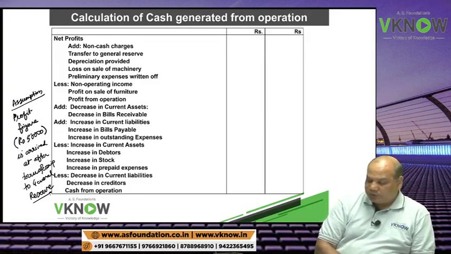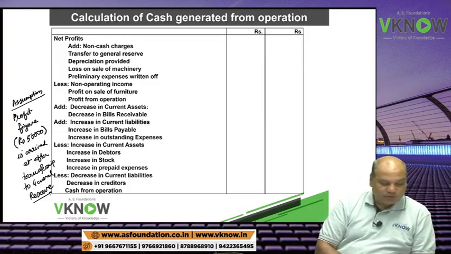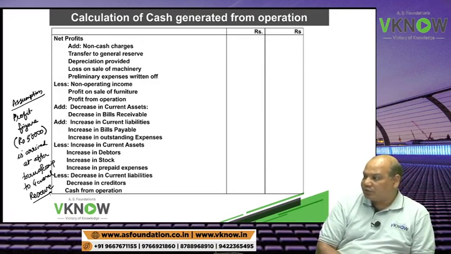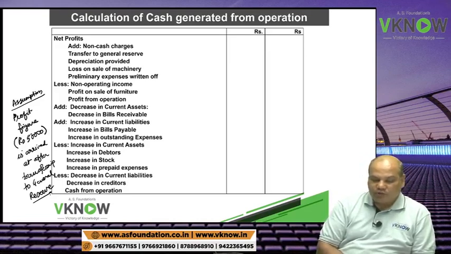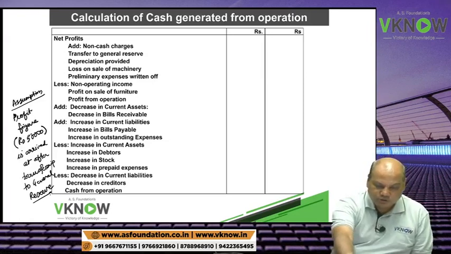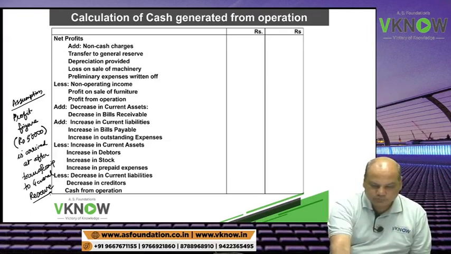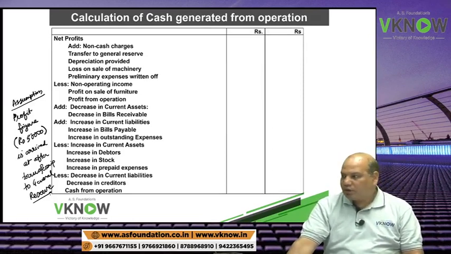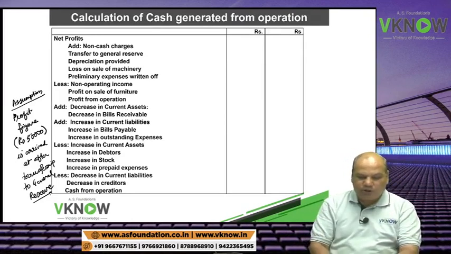The net profit figure of rupees 50,000 given in the problem is arrived at after transferring to general reserve. Is it right now? Say yes. Have you completed? Please tell me, have you completed?